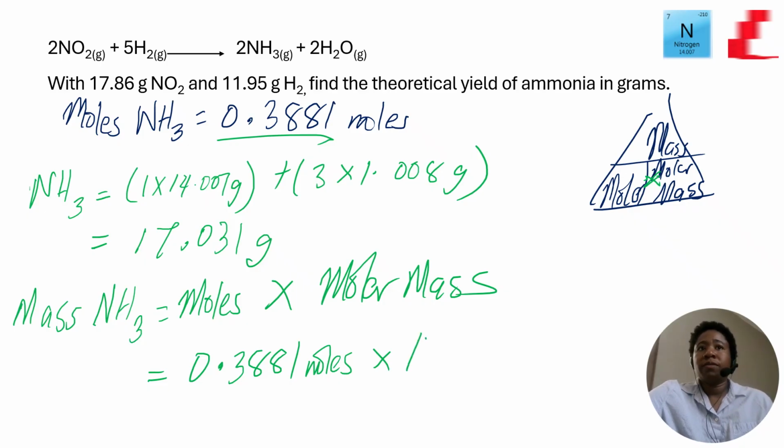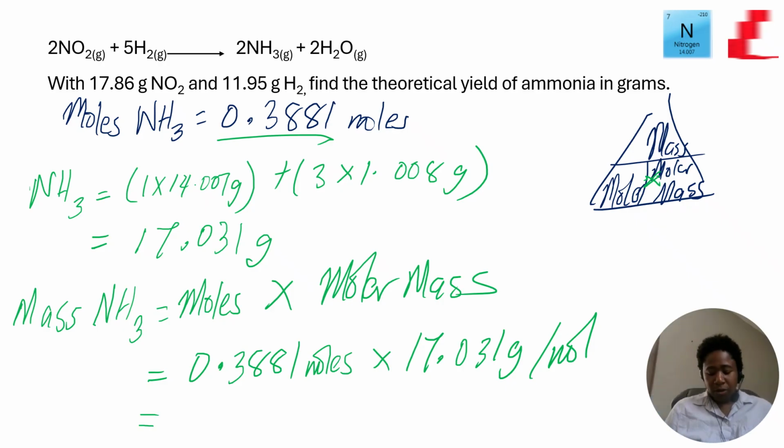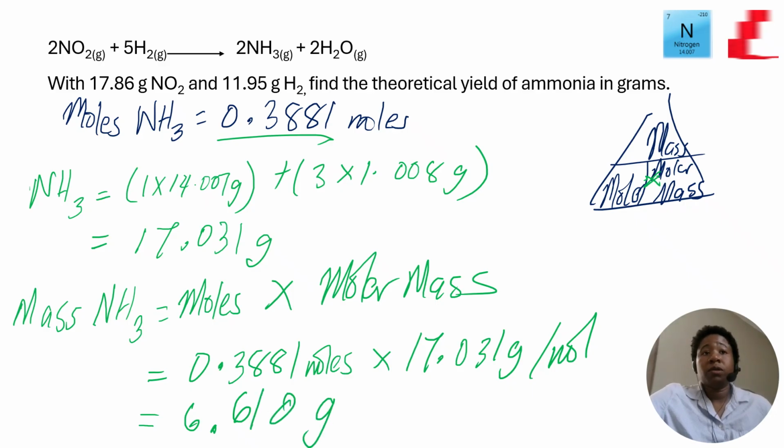So this is 17.031 grams per mole. The per mole and the moles cancel out. So we're left now with 6.610 grams of ammonia.